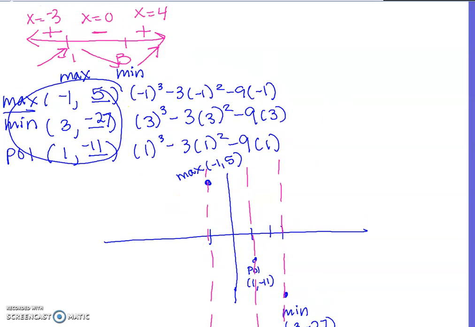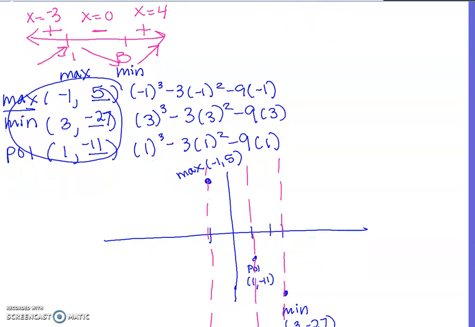Okay, so scrolling back up here, we can see that I'm increasing until negative 1. So this first interval, I am increasing. And then from negative 1 to 3, which is both of these, I am decreasing.